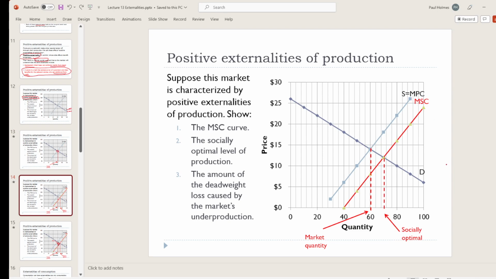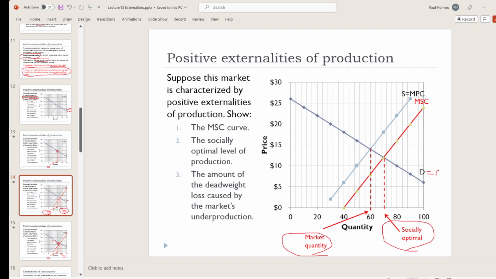Here is our marginal social cost curve, leading to a socially optimal or societally optimal level of production out here at 70 units. Okay, so we're going to actually end up with underproduction here. Too little is going to be produced by the market compared to the socially optimal level of production.